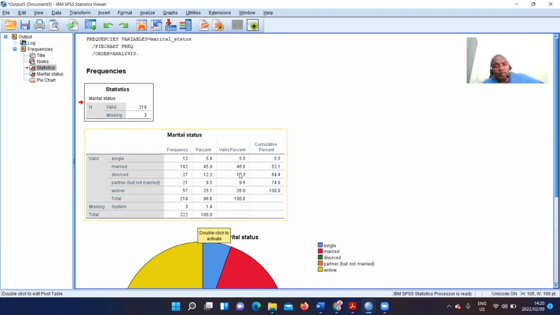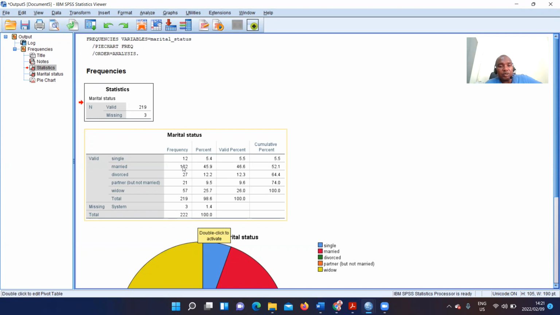But if we exclude the missing and consider only the valid responses, in other words, we use the total of 219, the percentage of the single increases to 5.5, because 12 over 219 gives us 5.47, which when rounded off to the nearest decimal place becomes 5.5.